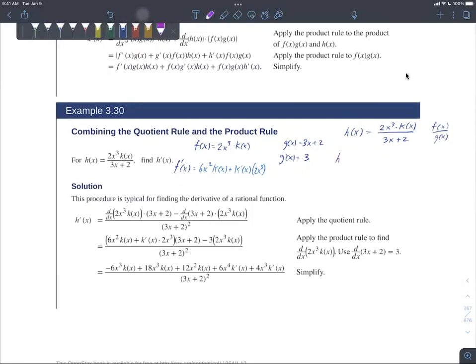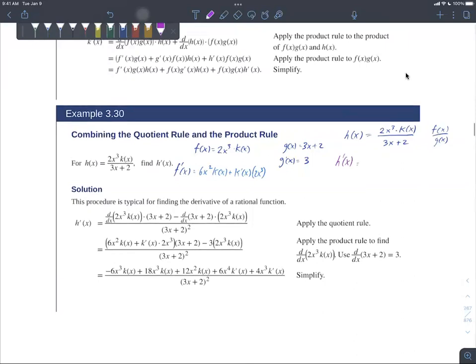Now, h prime of x, the derivative of h, if we start deriving it now, according to the quotient rule, is f prime g minus f g prime over g squared, and I'm going to use a shorthand notation here. Well, we have all of these functions now. f prime, we just found, is 6x squared k of x plus k prime of x times 2x cubed.